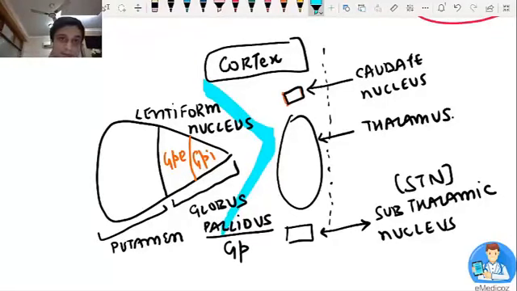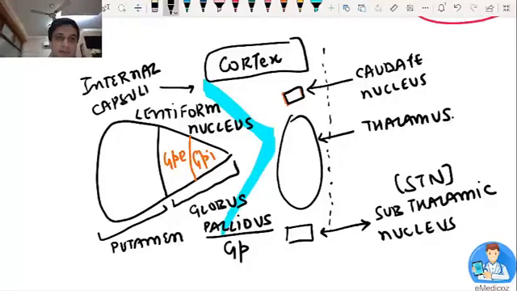Yes, some people know it. That structure is nothing but your internal capsule. Internal capsule. Yes, good. People are there with me? Good. Right. So that's the internal capsule that we find sandwiched between the lentiform nucleus and the thalamus. Okay.